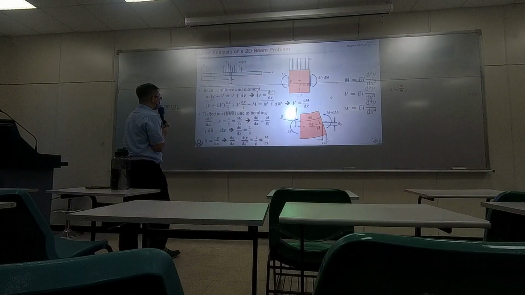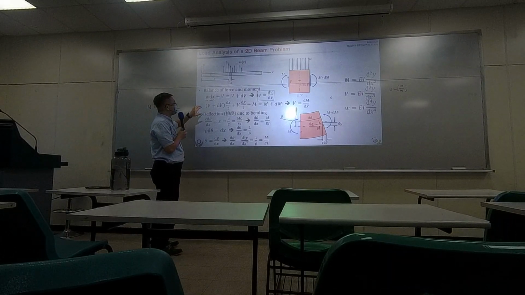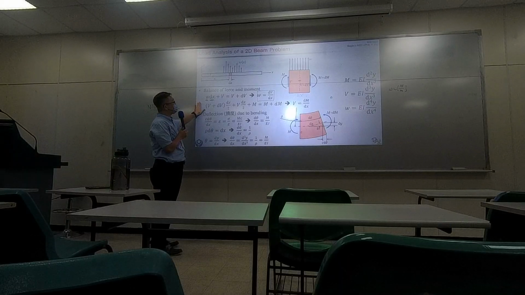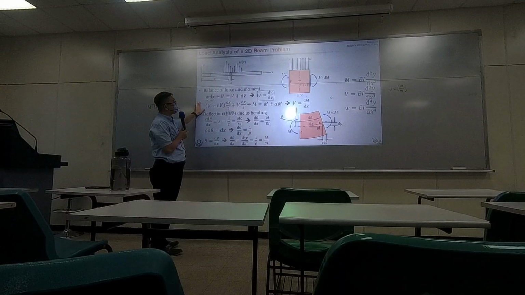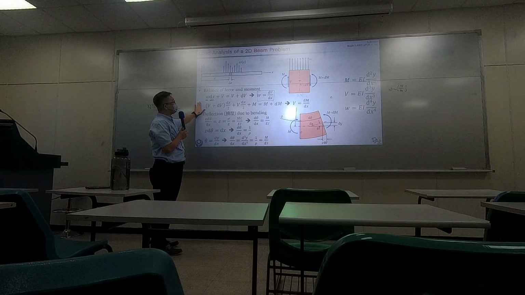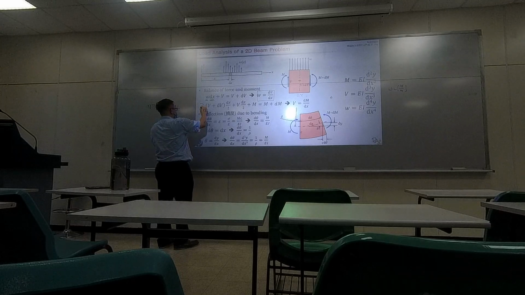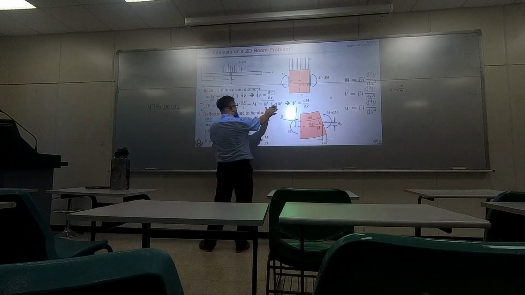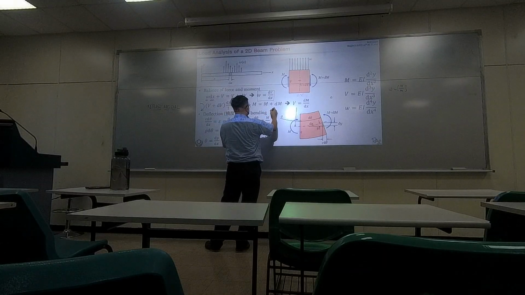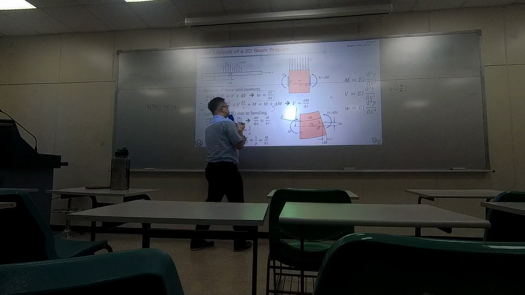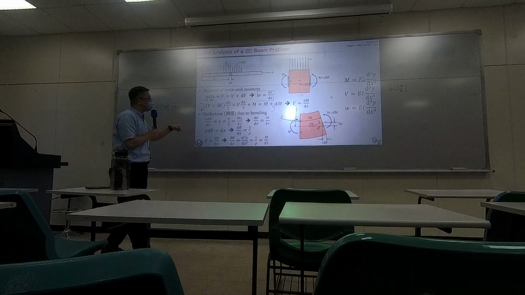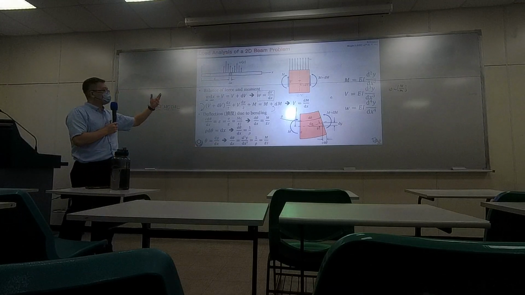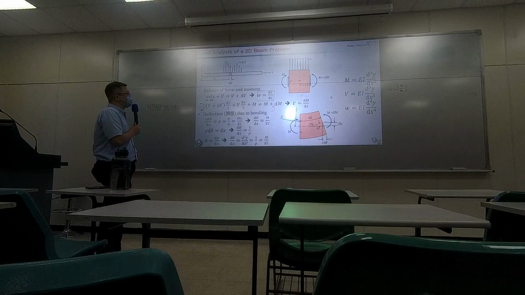Yeah, it's on the center. So the equation: on the left is the moment clockwise, and the one on the right-hand side is the moment counterclockwise. So the total moment clockwise equals the total moment counterclockwise.